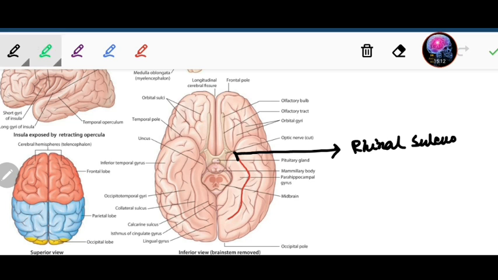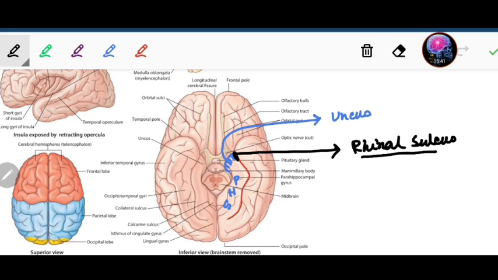Actually, uncus is the hook-like curved anterior end of the parahippocampal gyrus. You remember, this is the parahippocampal gyrus. The hook-like anterior curved end of the parahippocampal gyrus is called uncus, and the lateral boundary of the uncus is made by the rhinal sulcus.